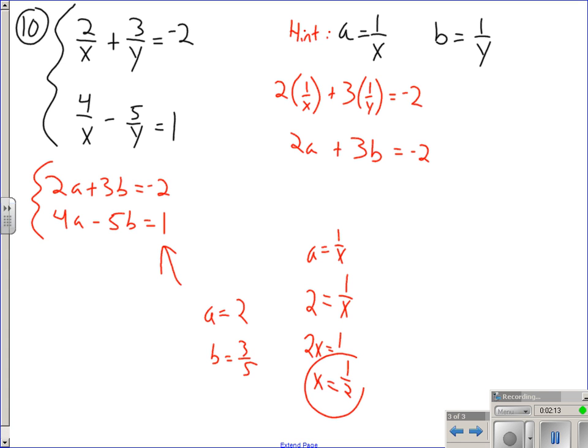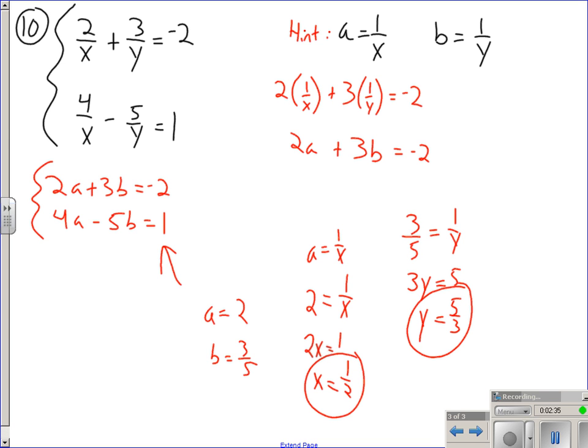You have to do this extra step. If you're going to solve the system, you need to be solving for x and for y. Here's what x equals. If b is 3/5 and b equals 1 over y, then 3y would equal 5, so y would be 5/3.